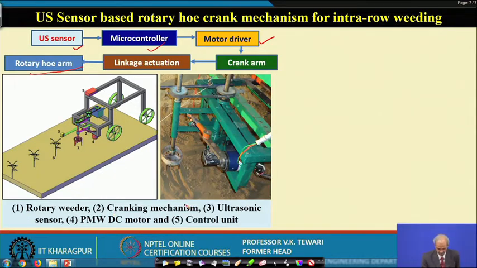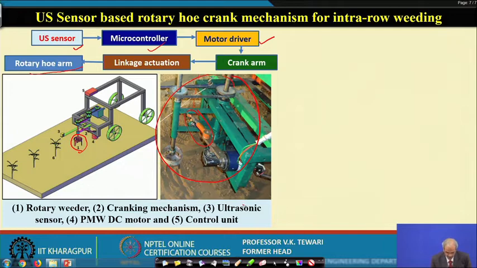Then the ultrasonic sensor, and then fourth is the PMDC motor, and fifth is the control unit. This is the arrangement where all these are shown, and you can see that the rotary weeder is the one which is in this case here. Then the cranking mechanism is connected here.